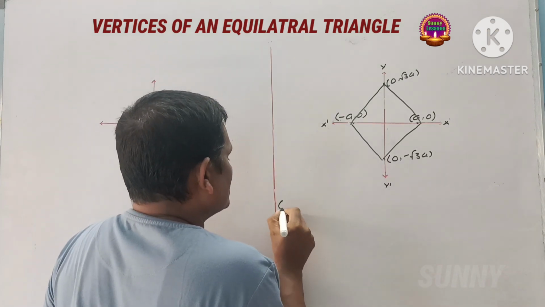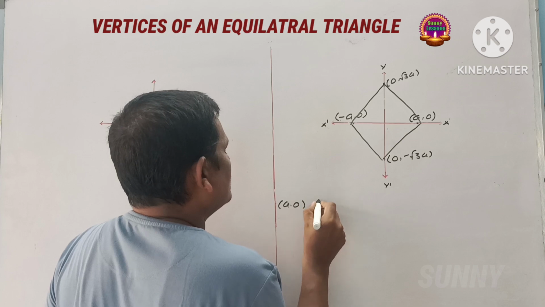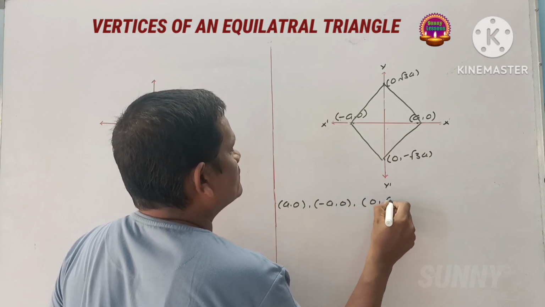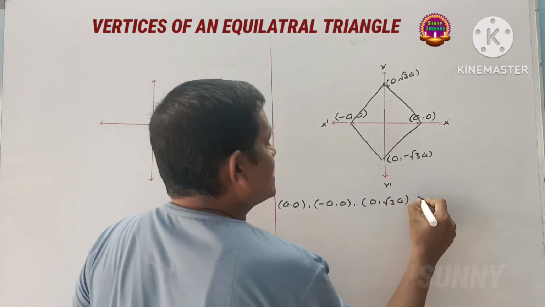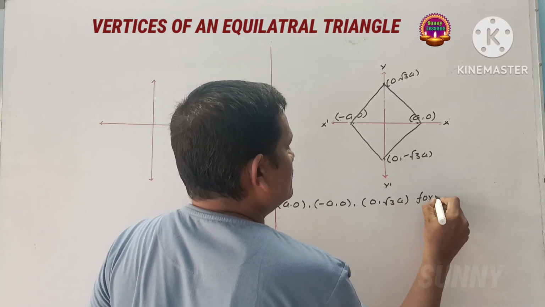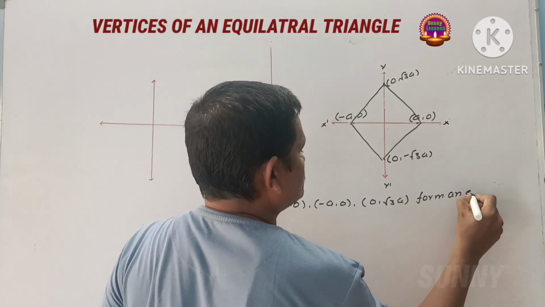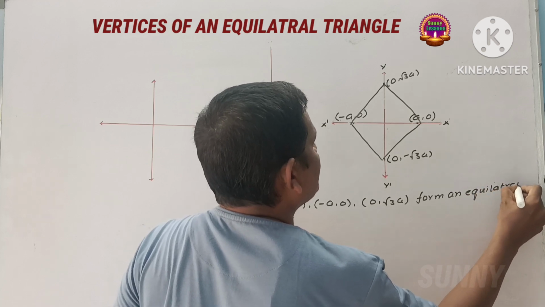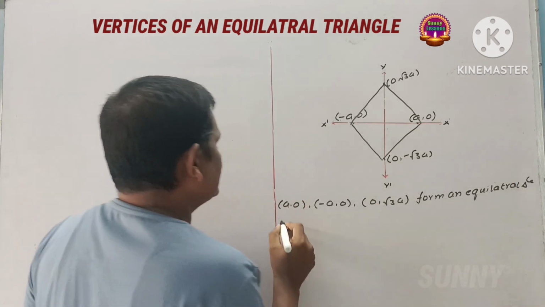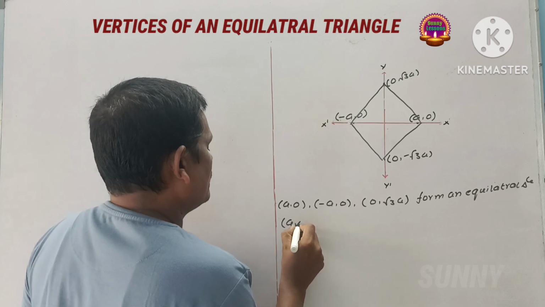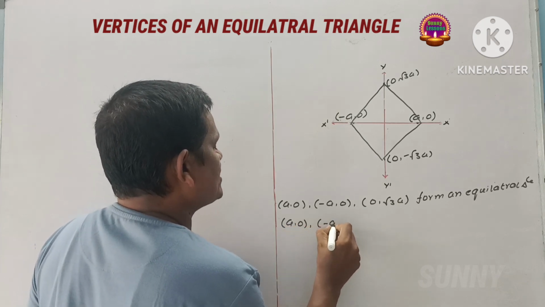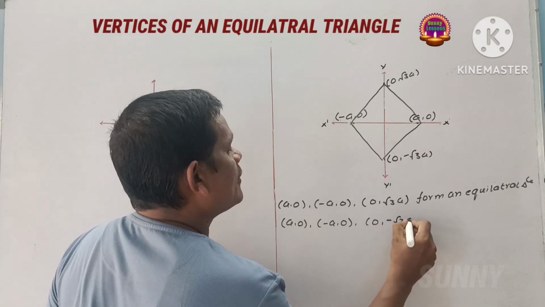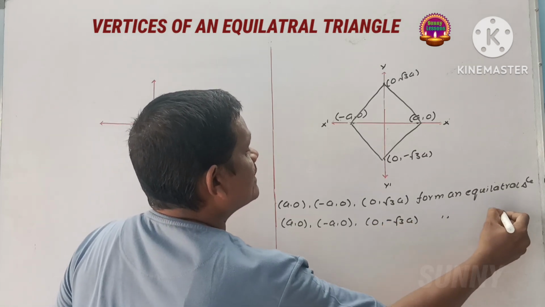So (a, 0), (-a, 0), (0, root 3 a) form an equilateral triangle. Like that, (a, 0), (-a, 0) and (0, -root 3 a) form an equilateral triangle.